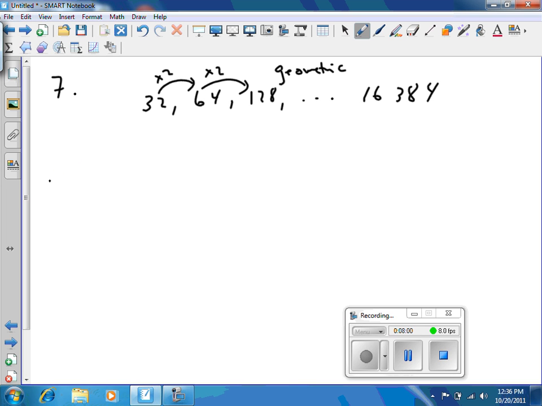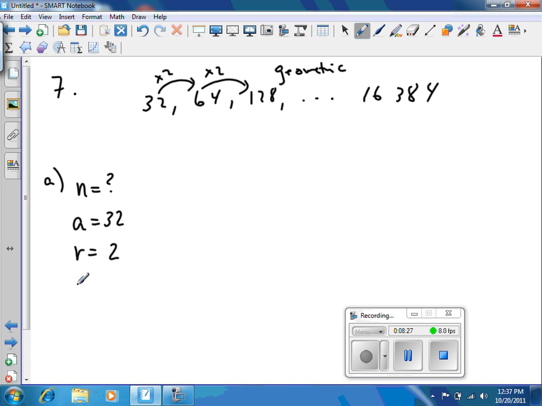Part A says, find the number of terms in the sequence. How many terms are there in the sequence? That's the question. So what do I know? Well, I know the first term, and I know r, and I know one other thing.